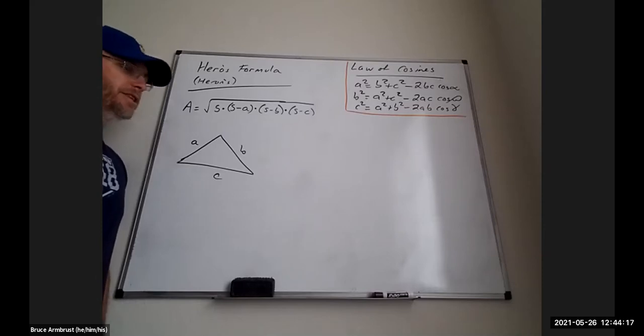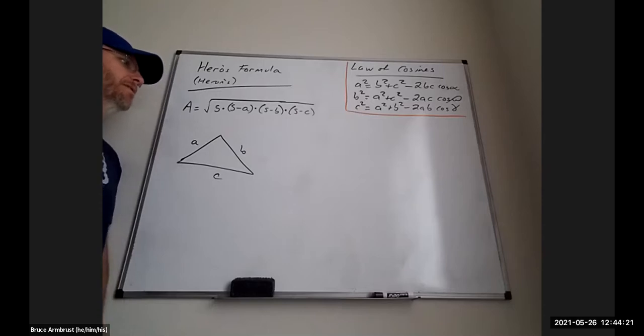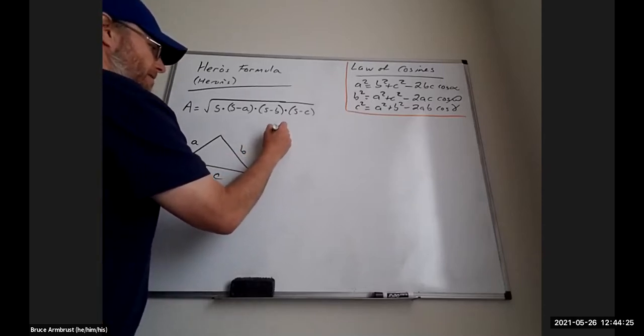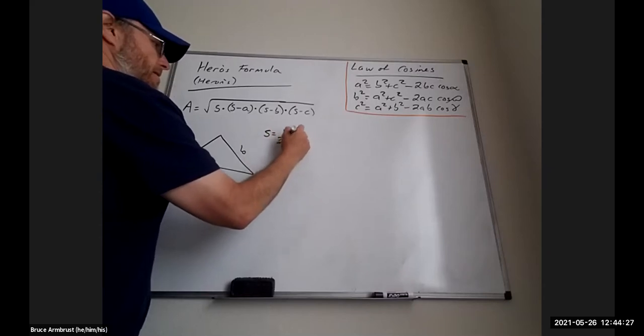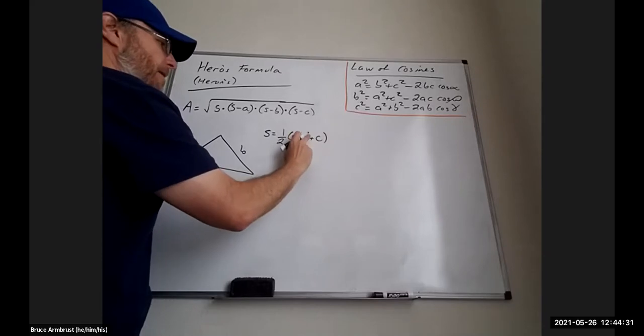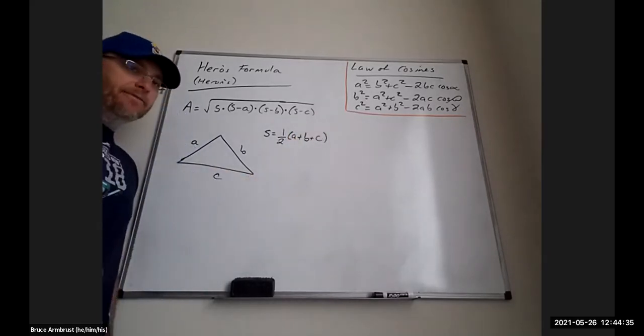But then the question is, what is this S? Well, S is what we call the semi-perimeter, and semi just means half. So it's the half perimeter.